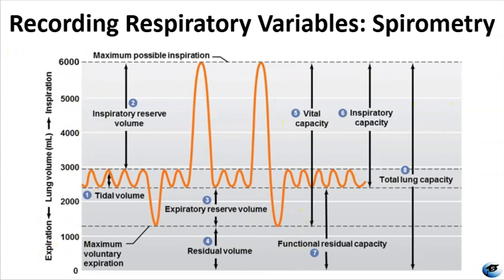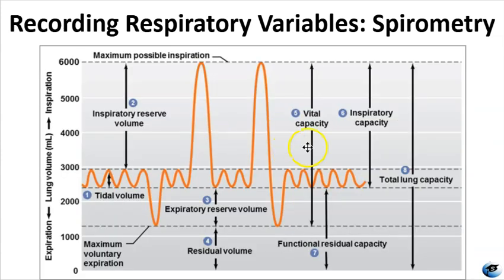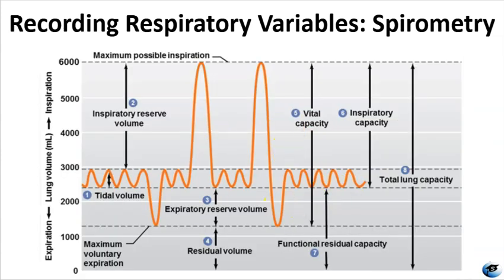So what I want to do is take a moment to walk you through this table here. This table is going to summarize the major respiratory volumes and capacities commonly measured in an average young adult male. So knowing these values is important for interpreting the spirometry data in the graph that you're going to get when you're doing this exercise.